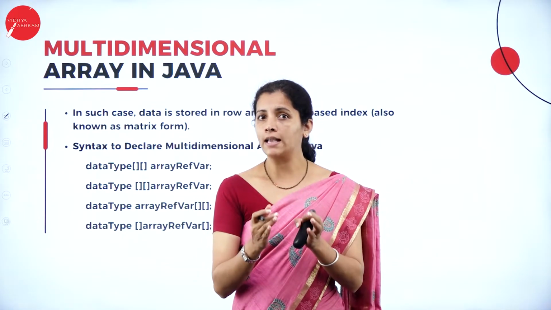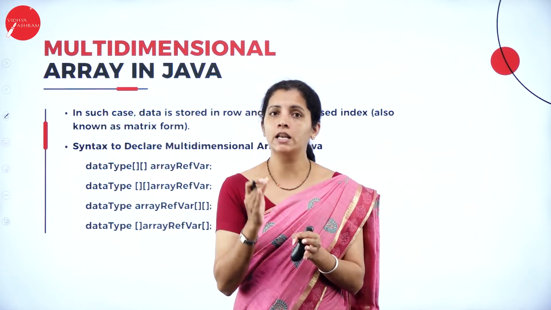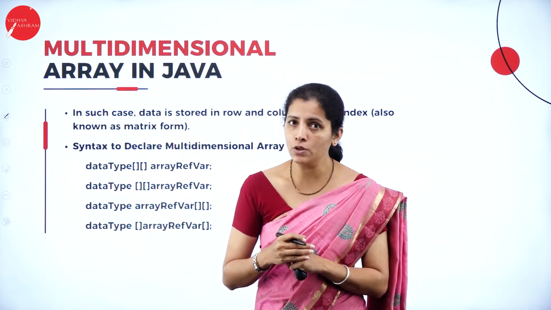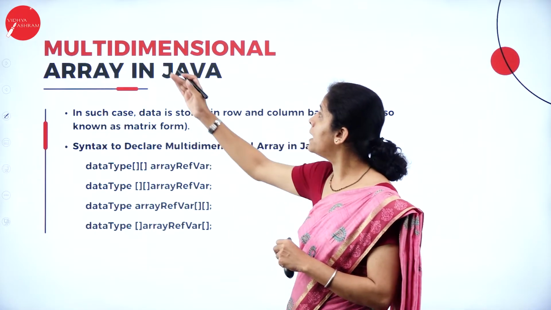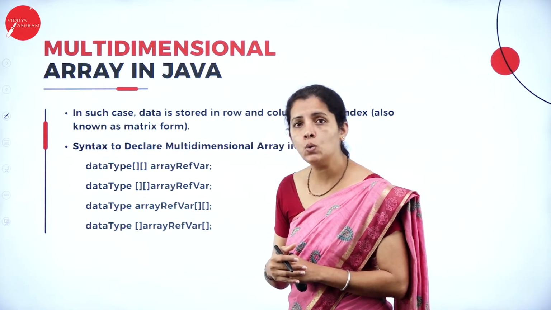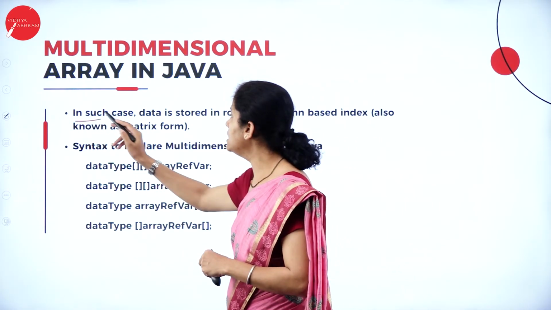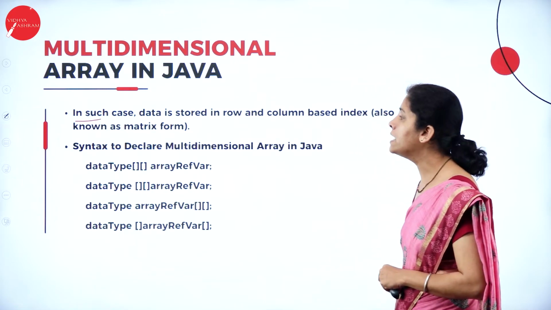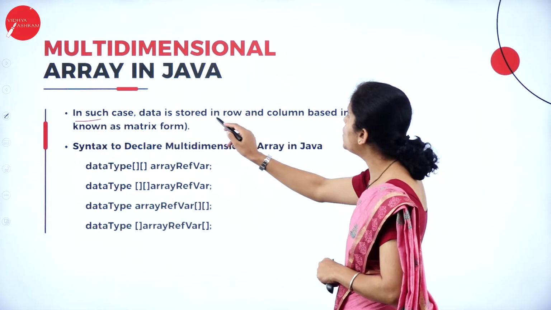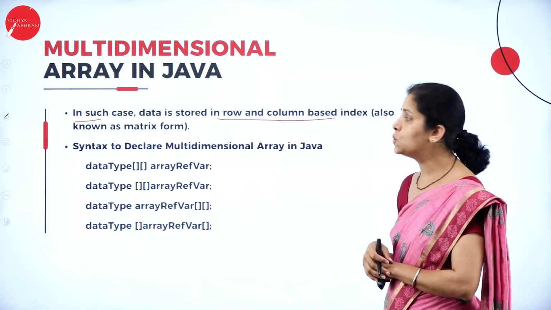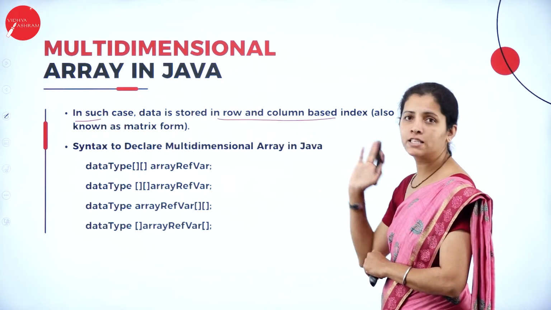That means to access an element, I require a row value as well as a column value. And all multi-dimensional arrays are known as matrices. In such cases, data is stored in row and column based indexes, and it's also known as matrix form.